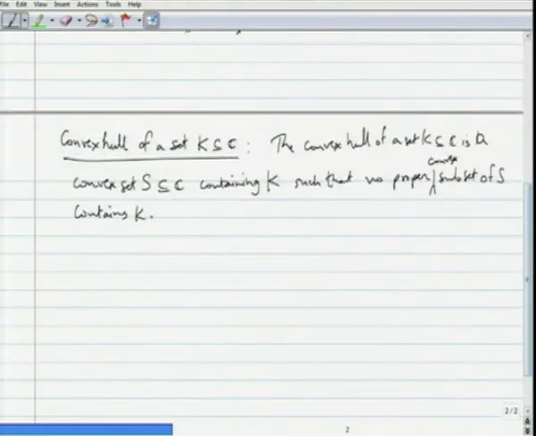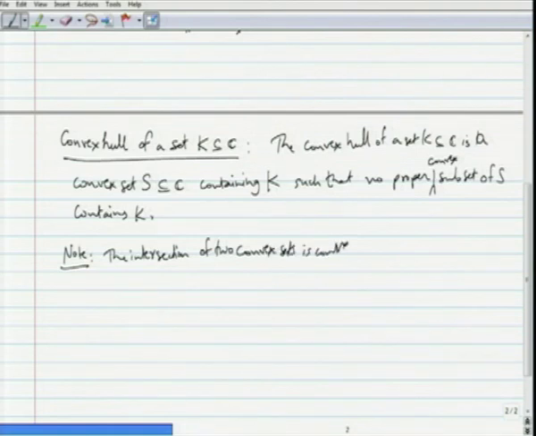Such things are normally constructed as follows. Note that the intersection of two convex sets is convex. In general, the intersection of a collection of convex sets is convex.